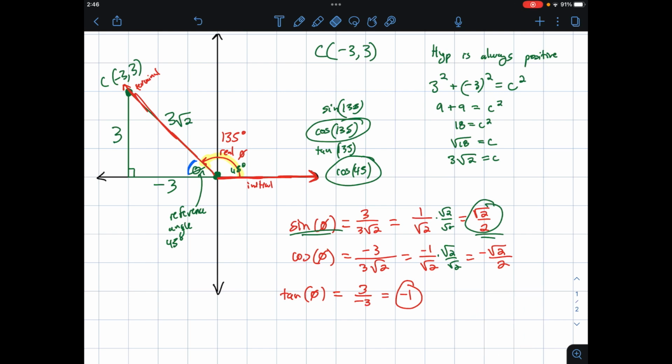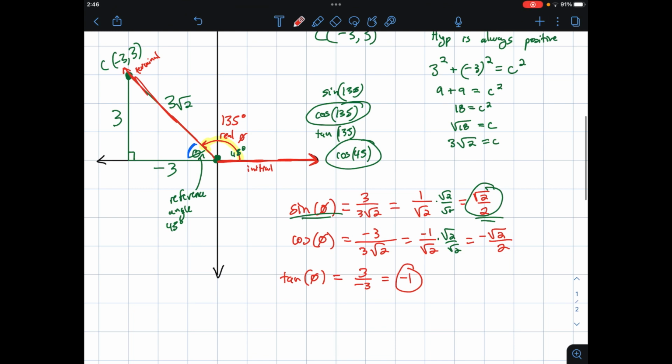Okay, so those are the classic trig functions. Then it's easy enough to just do the reciprocal ones. So we could do cosecant theta. Cosecant of 135 will be 2 over root 2, we could say. But actually, if we're just trying to do reciprocals, we can take this 1 over root 2 and just flip it, because that's already rationalized. So that'll be root 2 over 1, or just root 2.